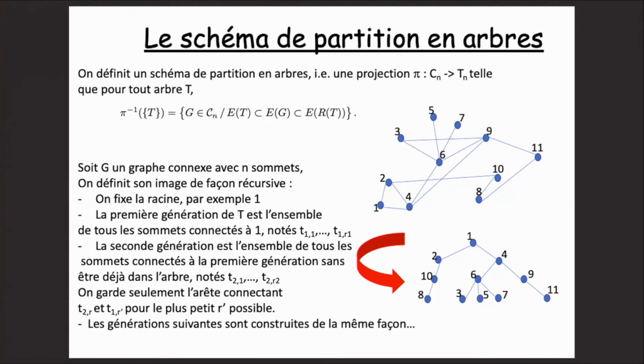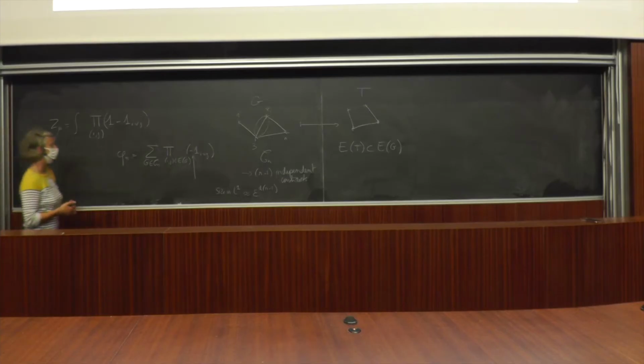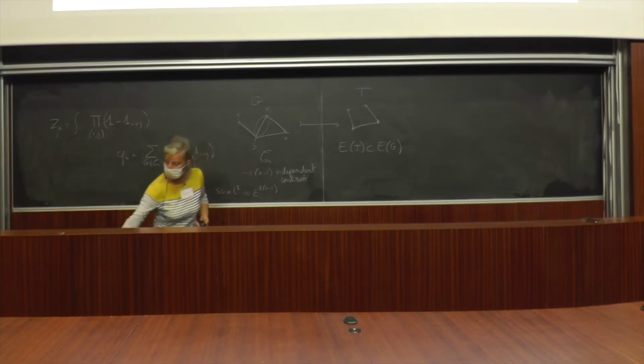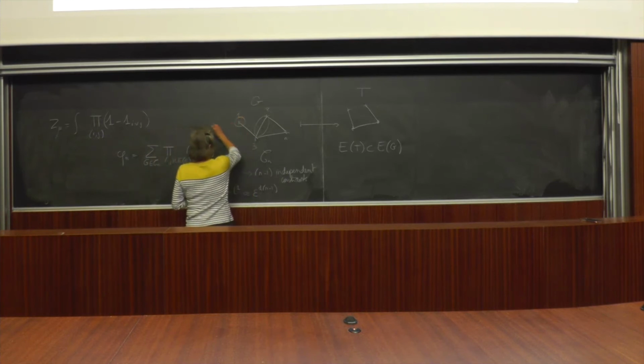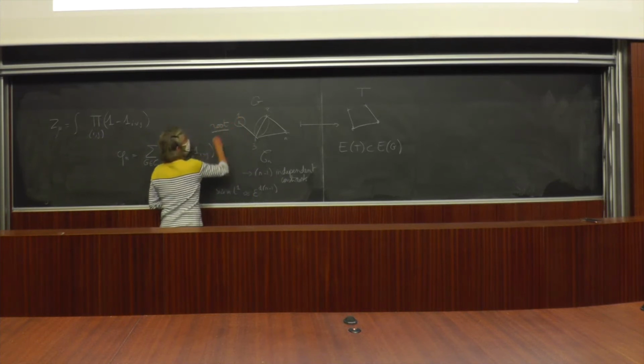So I start with a graph with n vertices, and I will define the image T in a recursive way. First of all, I decide that, for instance, vertex number 1 is the root. So I start here. This will be the root. This is completely arbitrary.